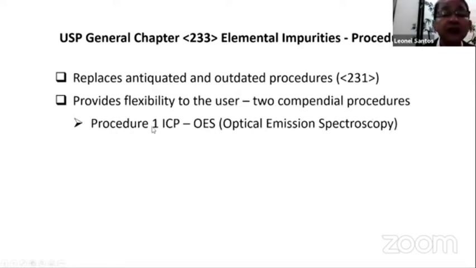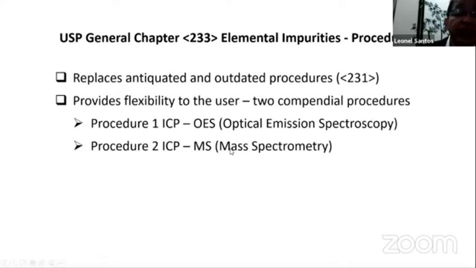One would be the ICP OES, optical emission spectroscopy, and the other one would be the ICP mass spec. And I believe, again, the Central Instrumentation Facility has this ICP-MS as an instrument for elemental impurities procedure.